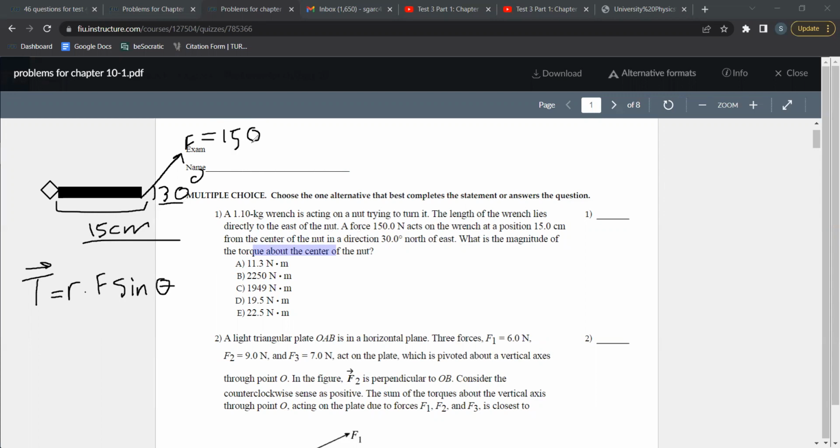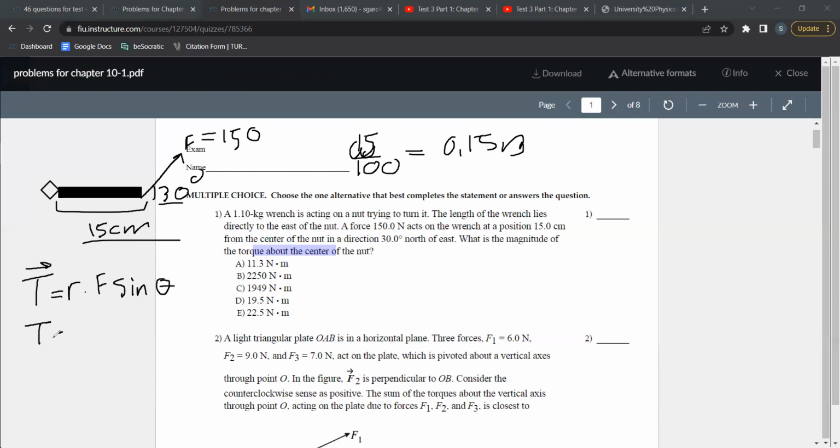So if we plug everything in, oh, wait. One thing, this is in centimeters. This needs to be in meters. So 15 centimeters divided by 100 is equal to 0.15 meters. So we'll plug that in.